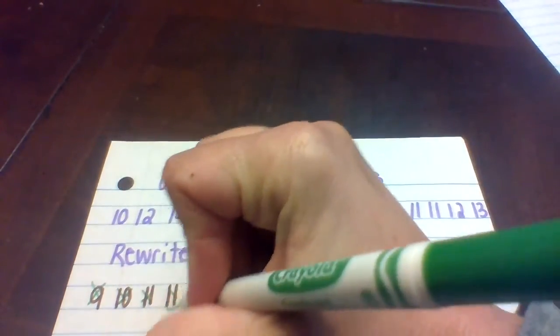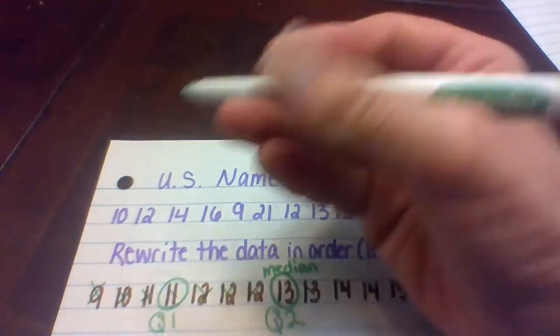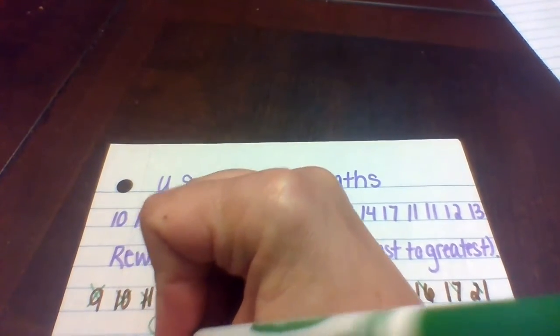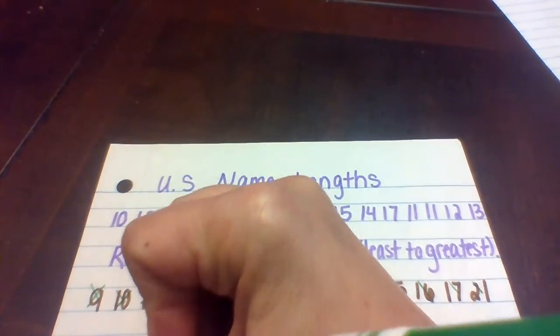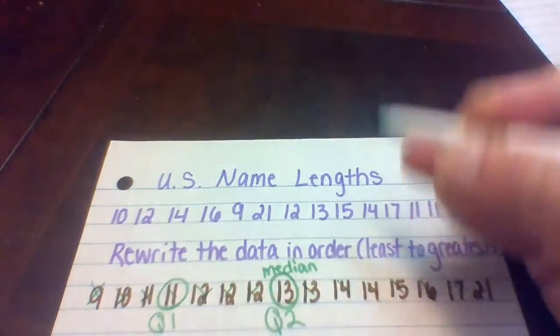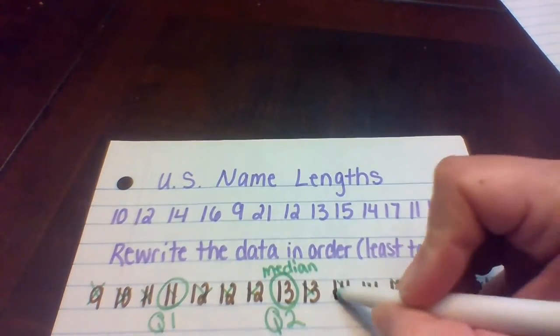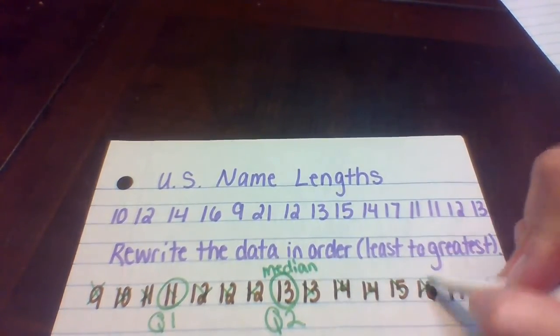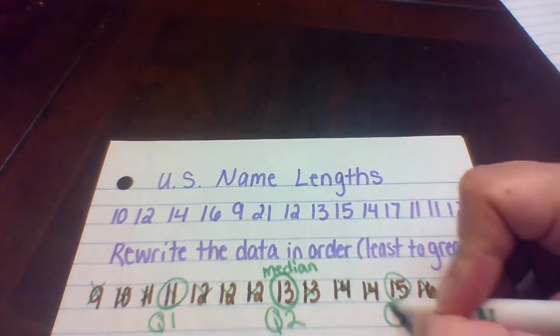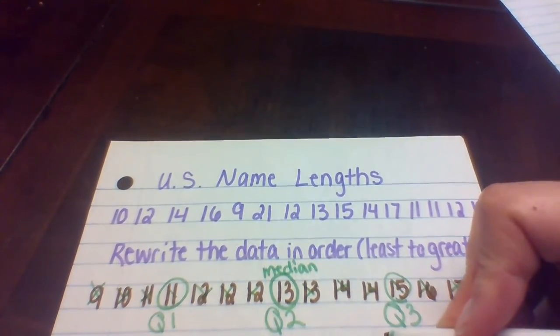And here is my Q1, which is also known as my upper quartile. And then crisscross, crisscross, crisscross. And I will have my Q3.